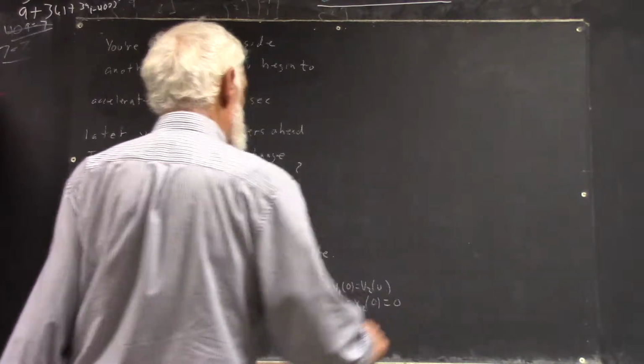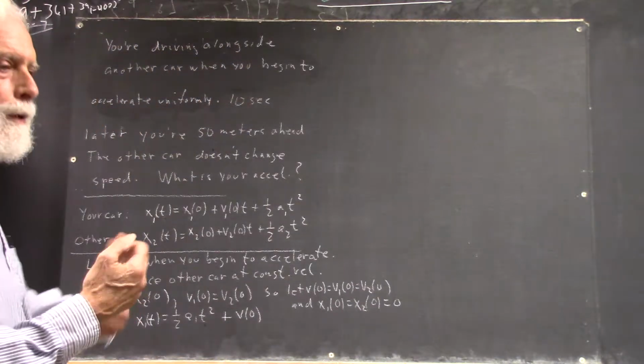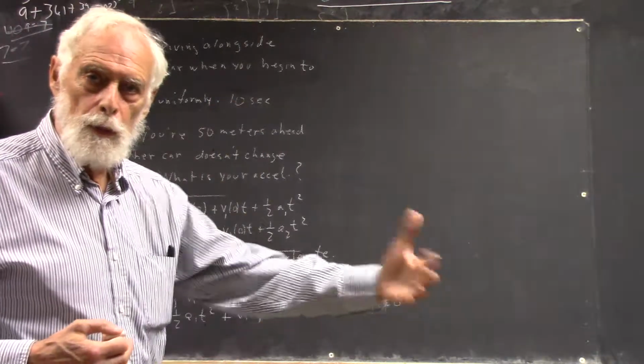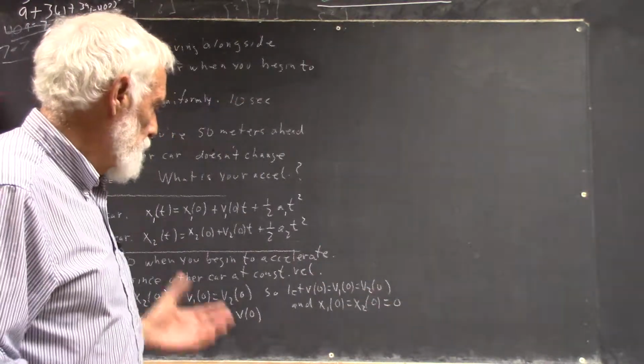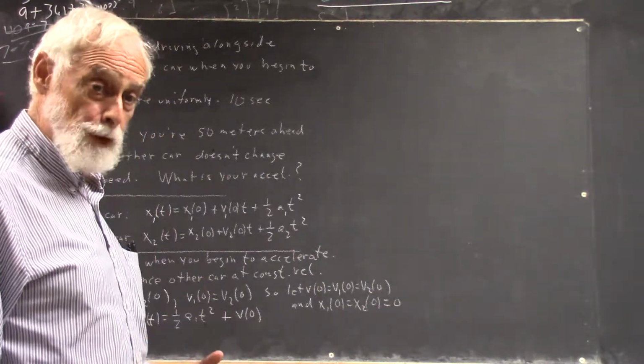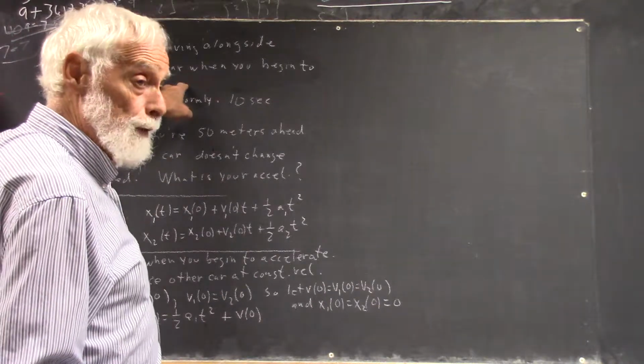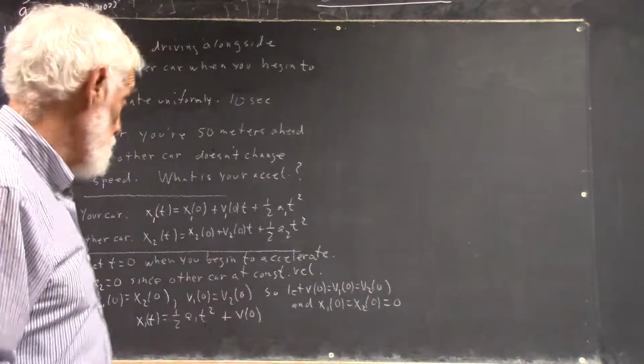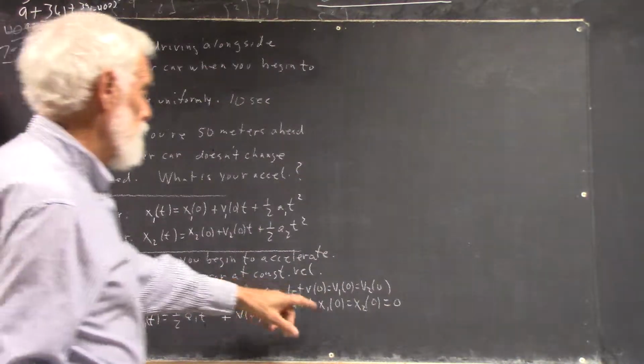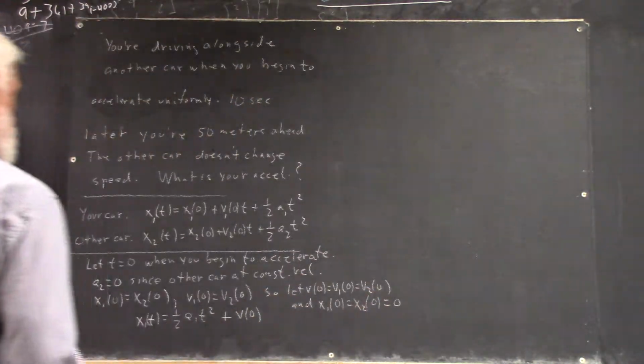And we could also choose to start our measuring stick wherever we want to. We'd start measuring position from the position of the two cars when you started accelerating. So you can let x1 of 0 equal x2 of 0 equals 0.